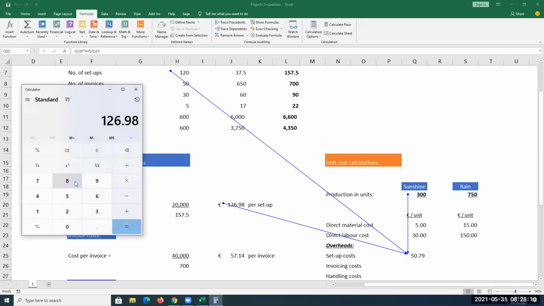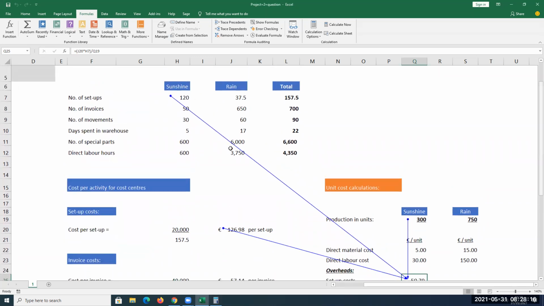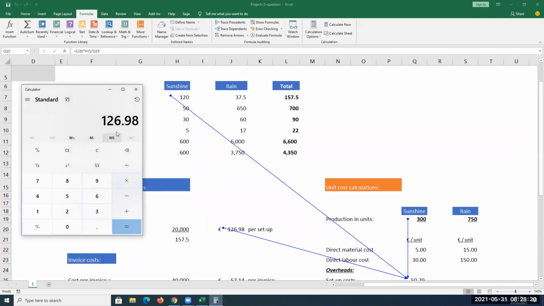This is the setup cost for one setup. Multiply by number of setups for sunshine, 120. So this is the setup cost for one setup, multiply by 120. 120 equals, this is the total setup cost of sunshine.